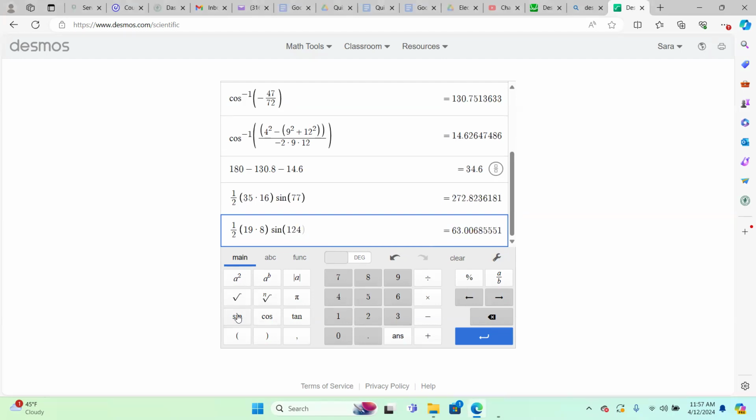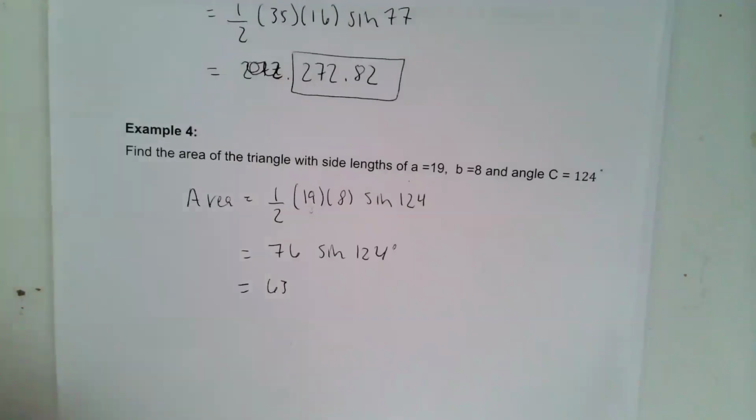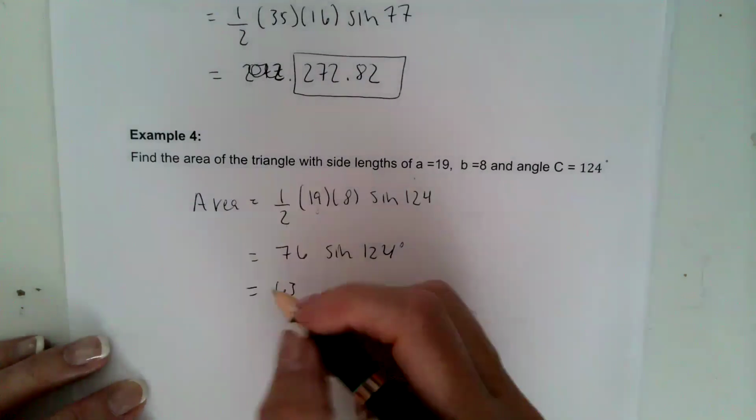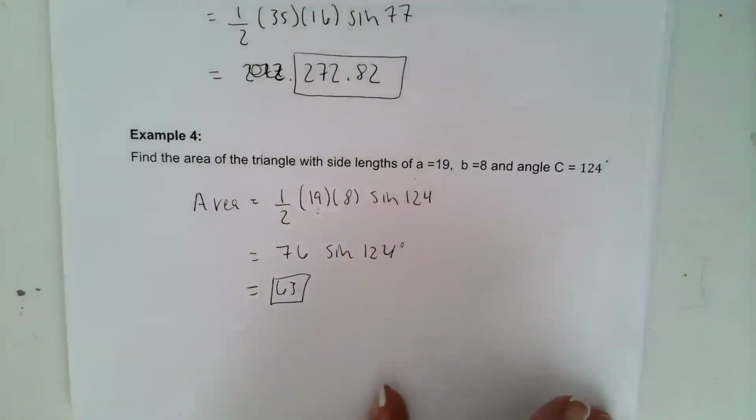And so that comes out to be about 63. Okay. Let's go back to my paper here. So there is the area for example 4.